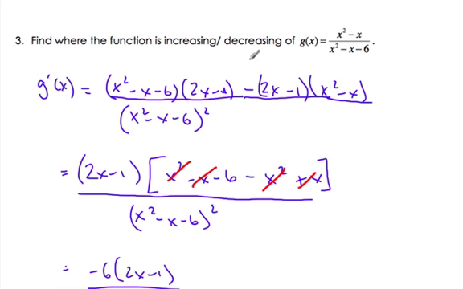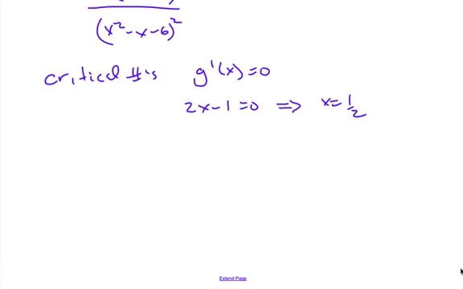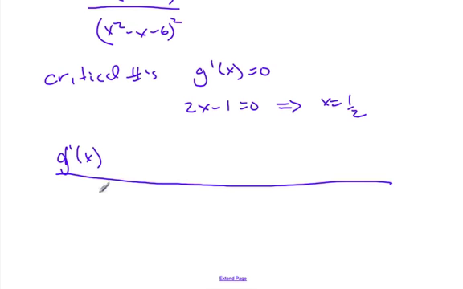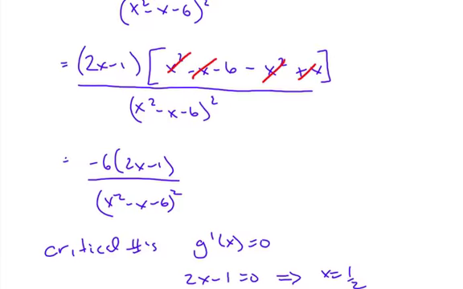If I want to find increasing and decreasing, I found the critical numbers, and now I need to make a number line looking at g prime of x and g of x, and I put the values where I have critical numbers. But I also have to put where the function is not defined.